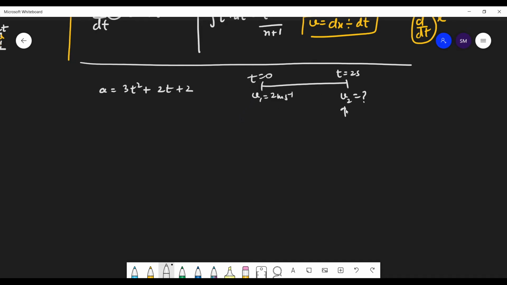Of course this is instantaneous. I told you that in all these formulas, all the velocities are instantaneous.